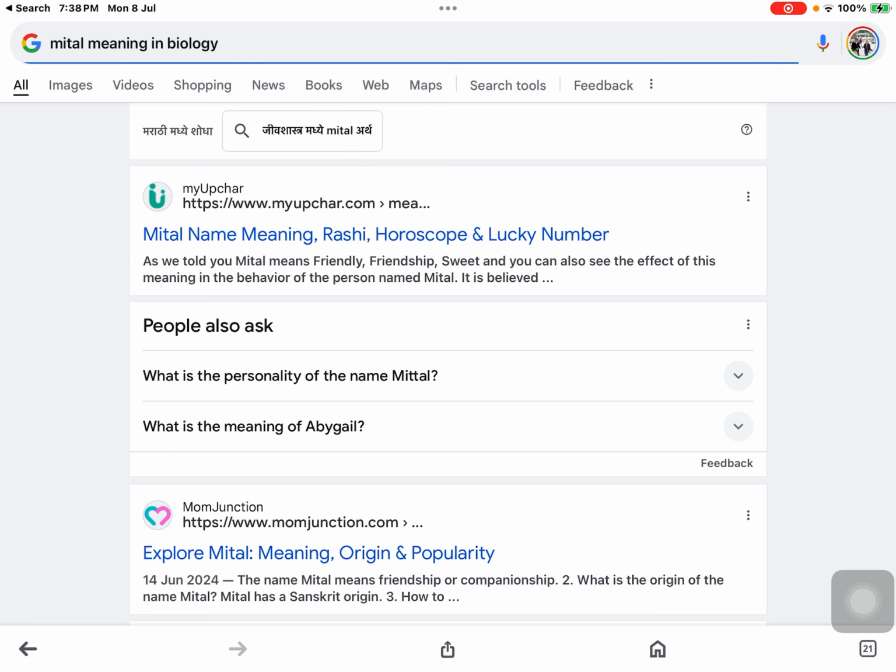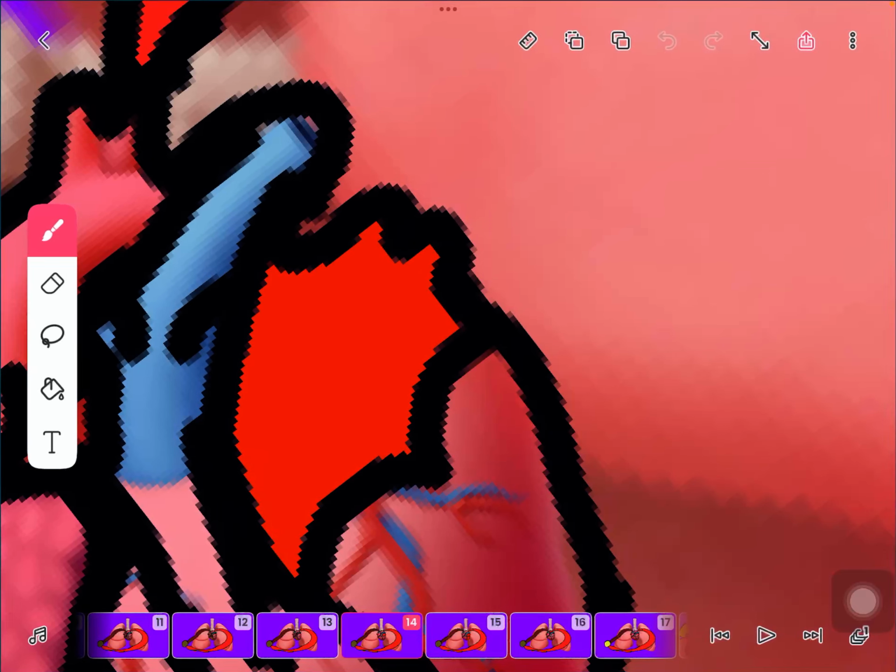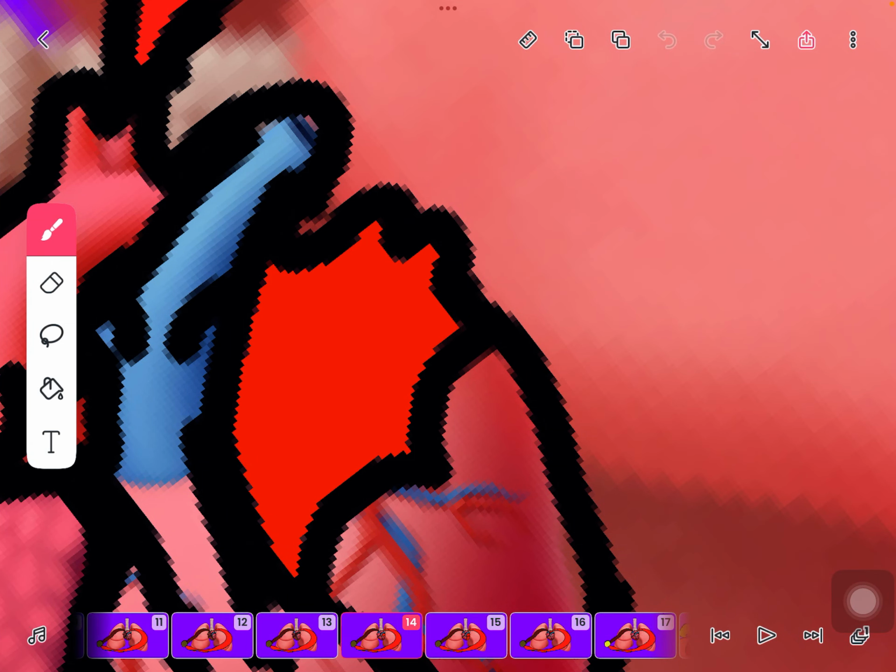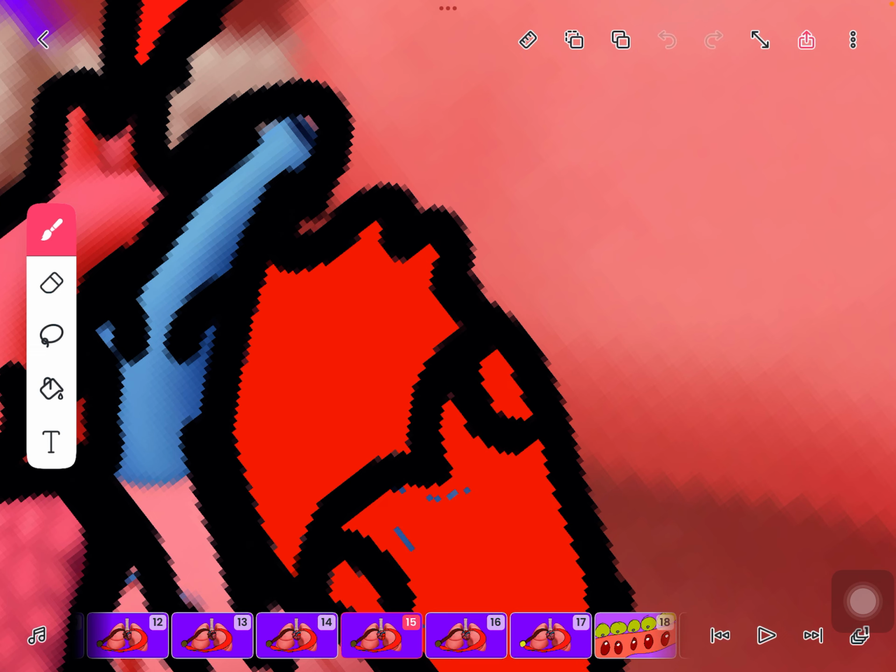You know what mitral means? A very kind, sweet, nice, generous person. And the mitral valve is very, very kind because it opens for the blood. That's why the mitral valve is called the mitral valve.